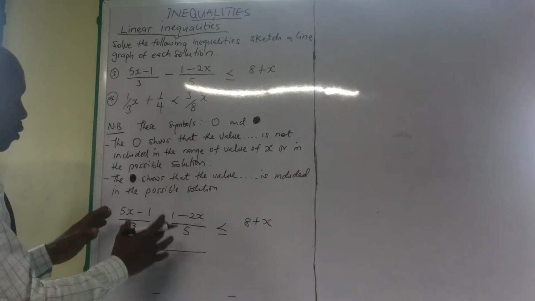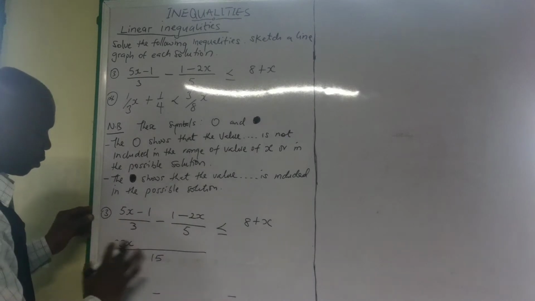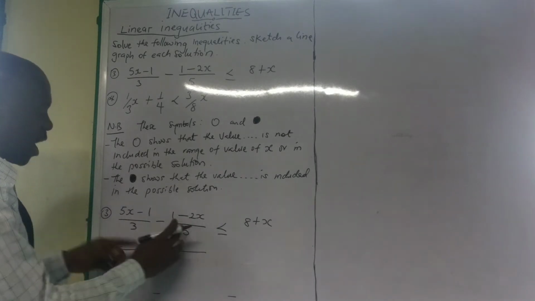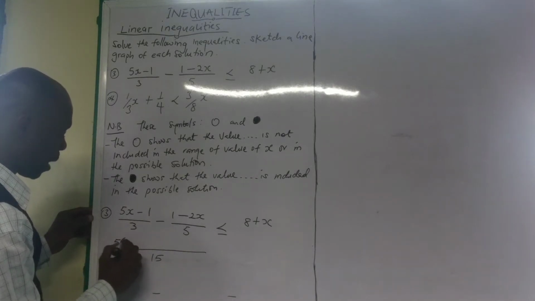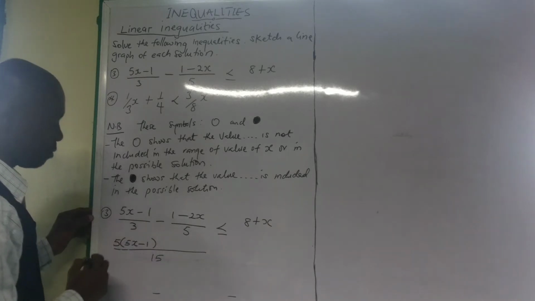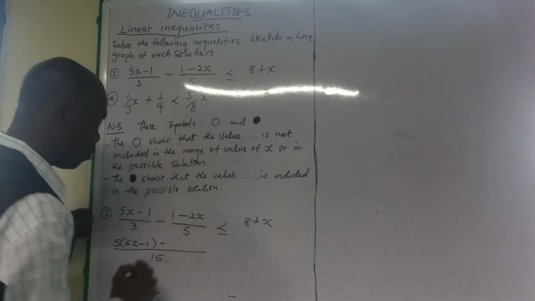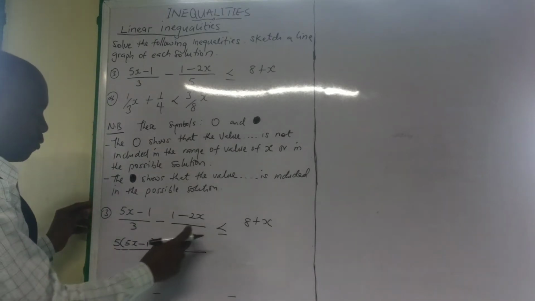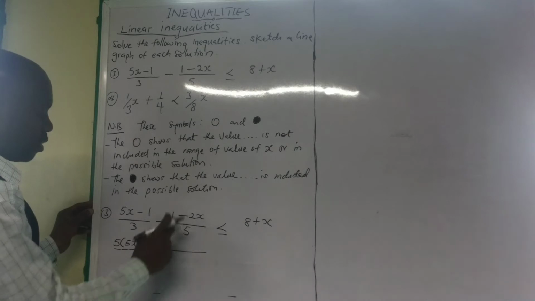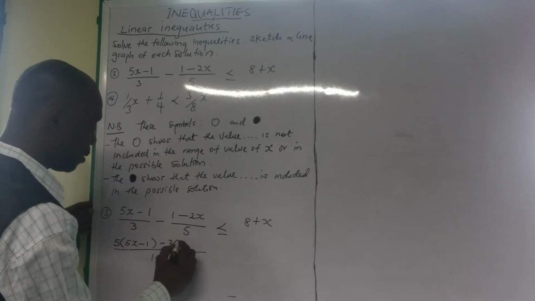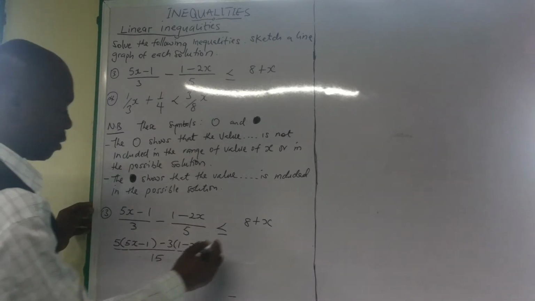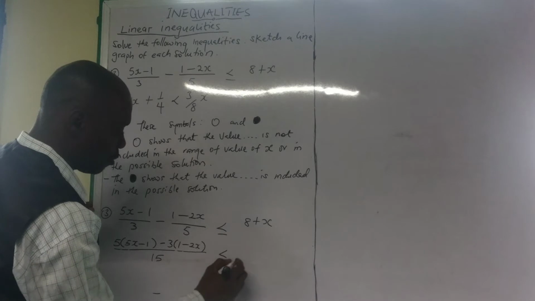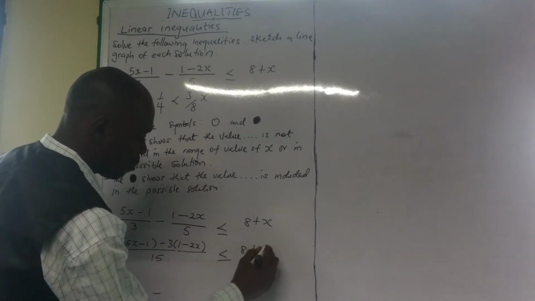Before we go further, so that you do not mix up, let me do it like this. 5 bracket 5x minus 1, close the bracket. Let's put our negative sign here too. 5 here, 3 in 15 is 5, so we multiply this one like this: 1 minus 2x. So this is less than or equal to 8 plus x.